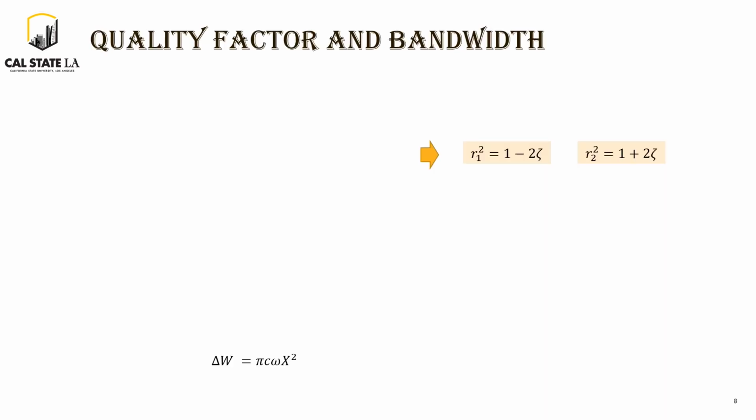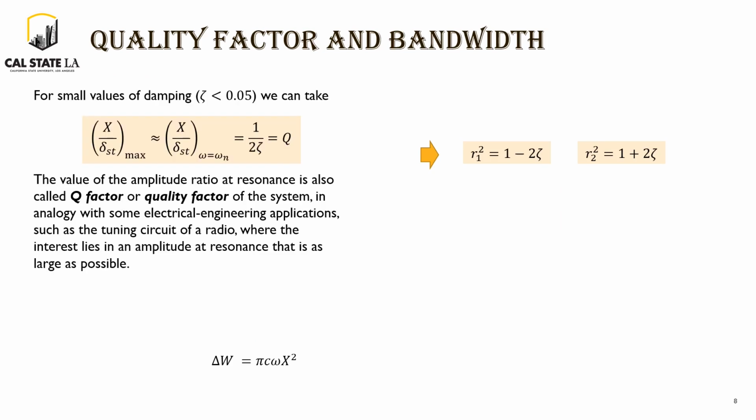So next, quality factor and bandwidth. For small values of the damping ratio zeta, let's say less than 0.05, we can find the magnitude, which is something we did, right? The amplitude ratio becomes 1 over 2 zeta, and we define this 1 over 2 zeta as the Q factor, or quality factor.